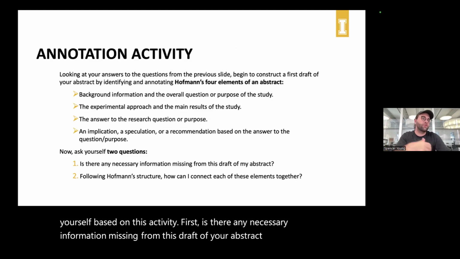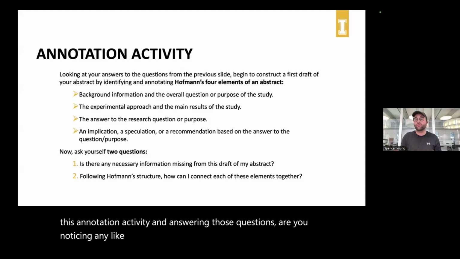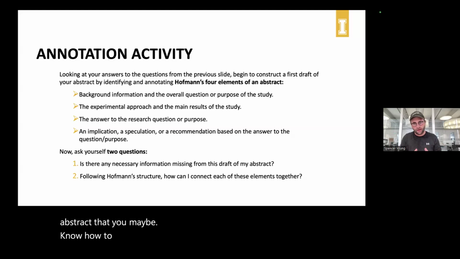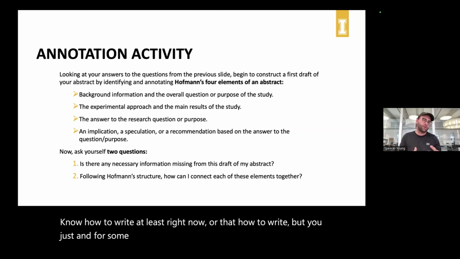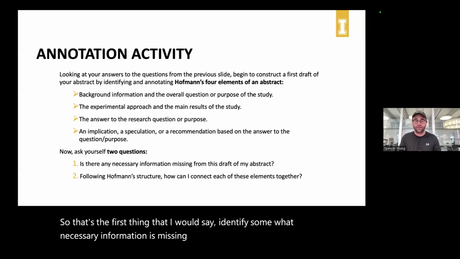Doing this annotation activity and answering those questions, are you noticing any holes in what you need to be including in your abstract that you maybe don't know how to write, at least right now, or that you know how to write, but for some reason forgot to include? So that's the first thing that I would say. Identify what necessary information is missing from your draft.